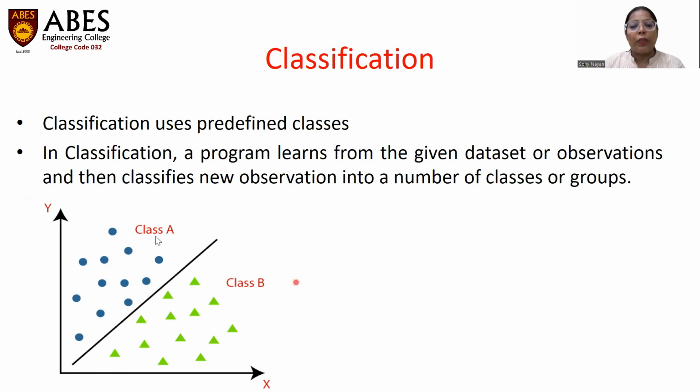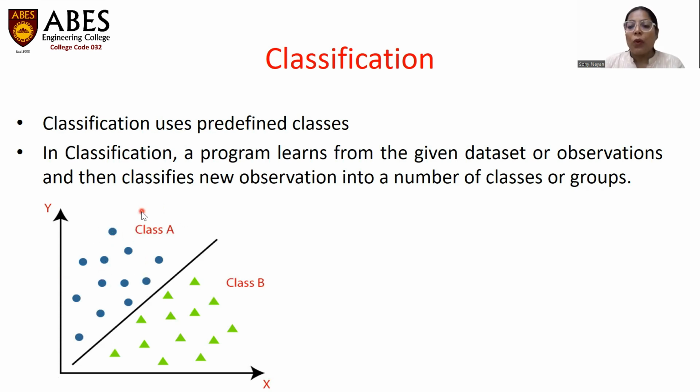In this graph, we have predefined two classes, class A and class B. After defining class A and class B, this circle belongs to class A, this triangle belongs to class B. So you can say class A consists of circles and class B consists of triangles. So whenever new triangles come, you will classify them in class B. And whenever a new dot or new circle comes, you will classify them in class A.